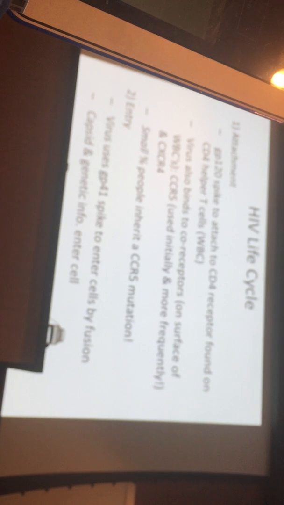All right. So entry is triggered by GP41. Once we've entered, the last thing is that enzyme reverse transcriptase. Oh, I think what I'll do is I'll just end on showing the picture here.